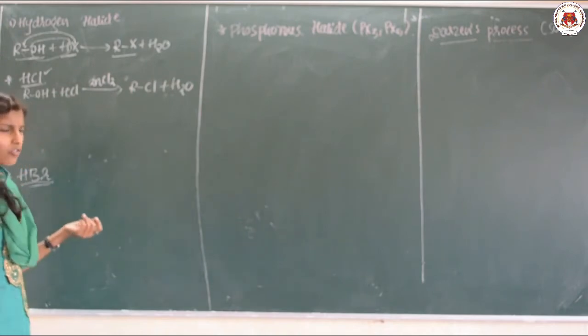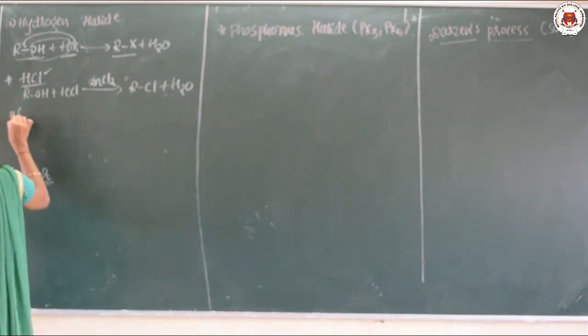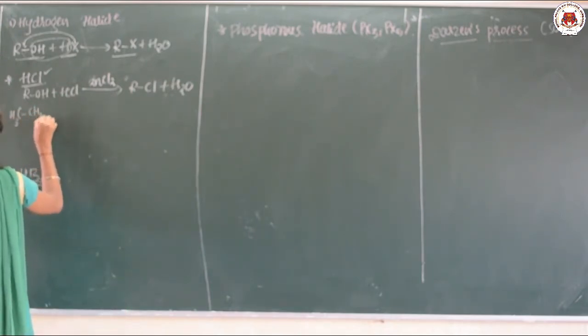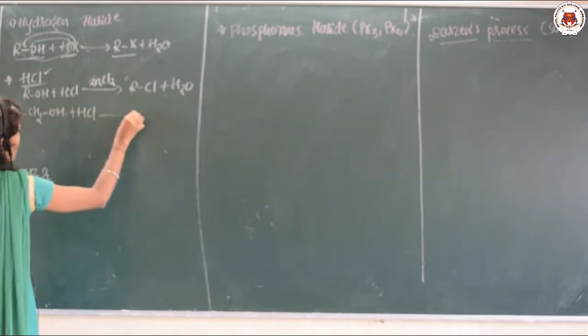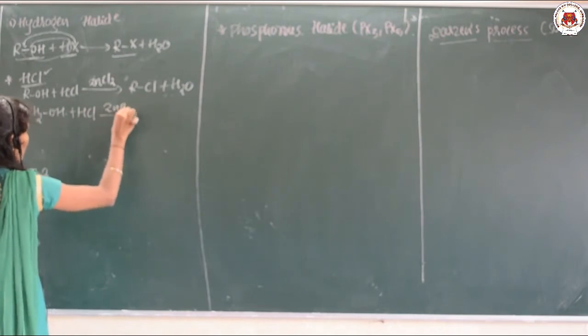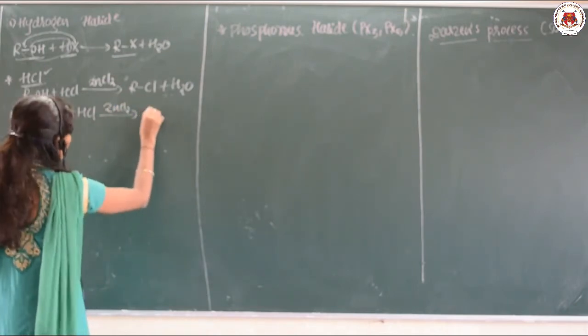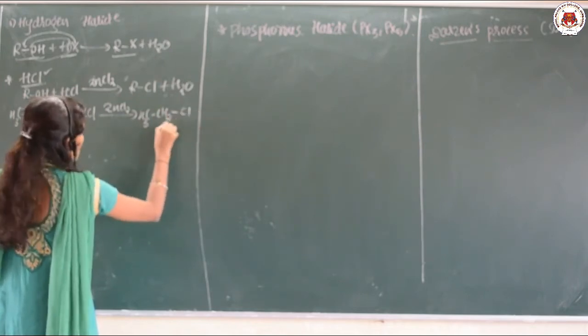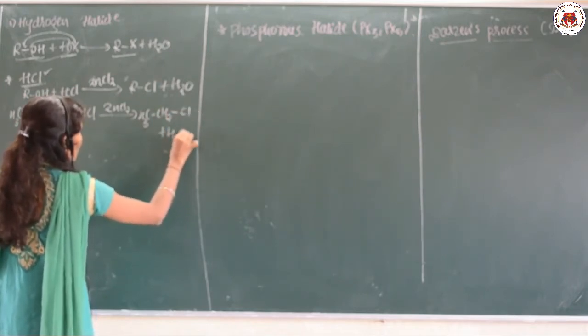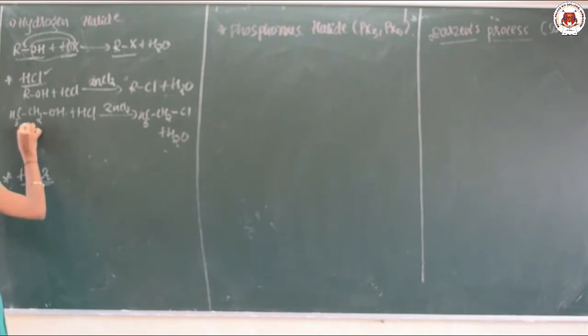If I take one of the primary alcohols, that is CH3CH2OH, ethanol, plus HCl in presence of zinc chloride, you are going to get CH3CH2Cl plus H2O. See here, this is the primary alcohol.